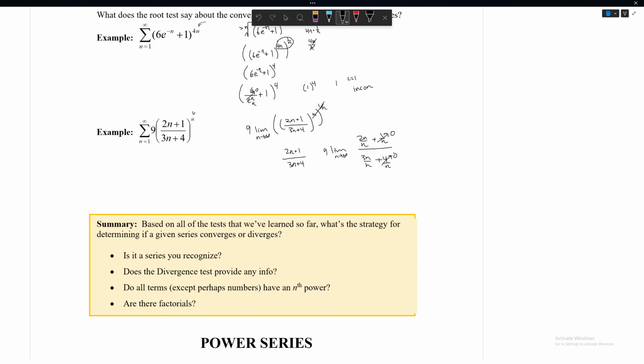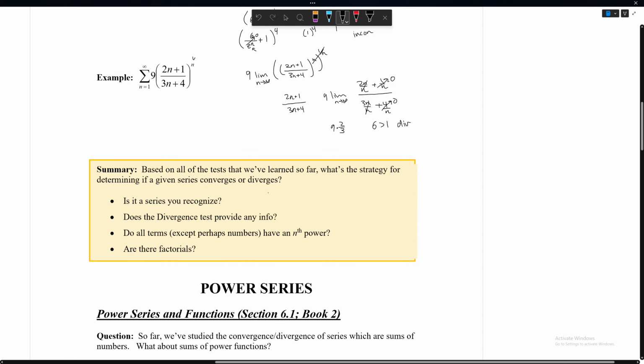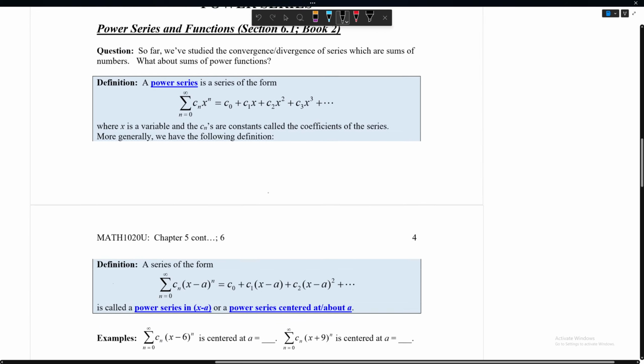This goes to 0. These two n's cancel out. These two n's cancel out. What I get is 9 times 2 over 3. 2 over 3 times 9, oh, that's 6. I could have just done that. That's 18 over 3. Okay, whatever. I got 6. 6 is bigger than 1. Therefore, divergent.